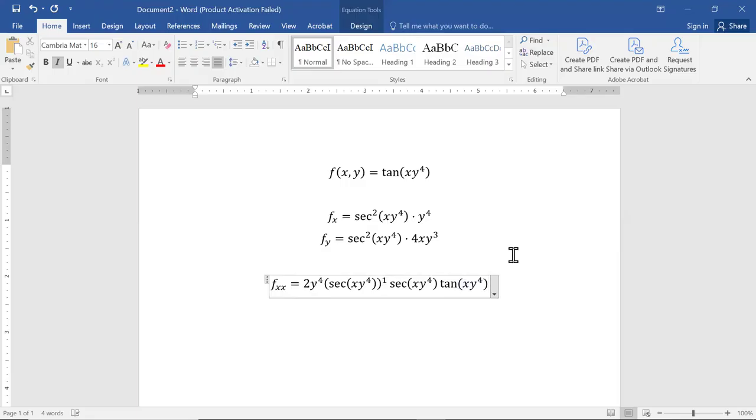And then I have to take a derivative of the inside piece. Again, that's with respect to x. So I get another multiplied by y to the fourth.